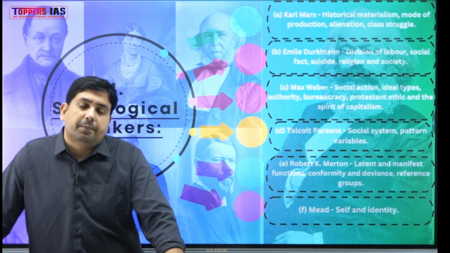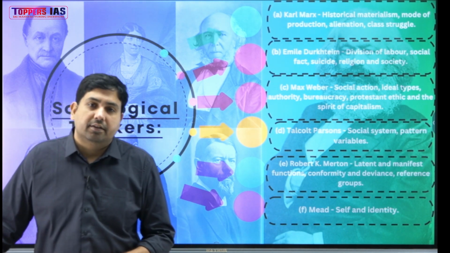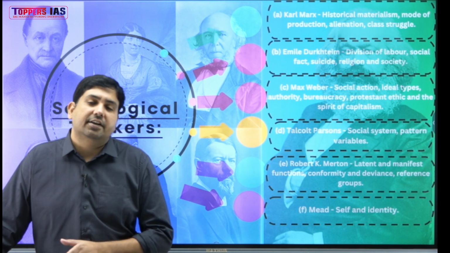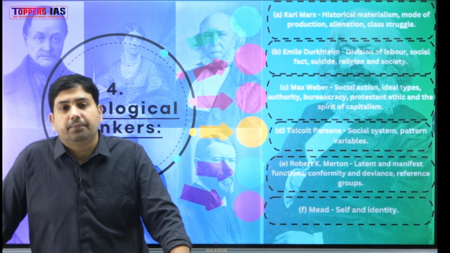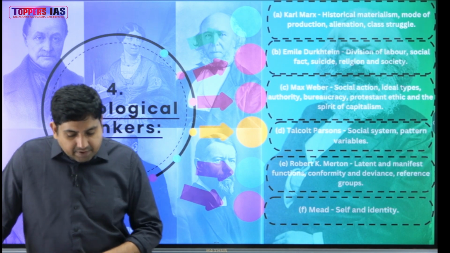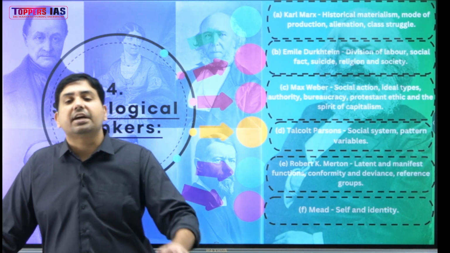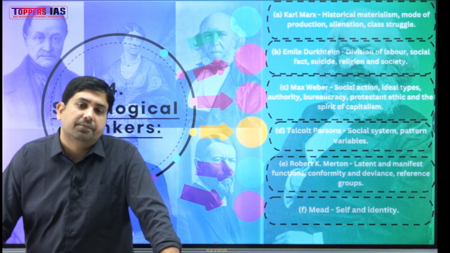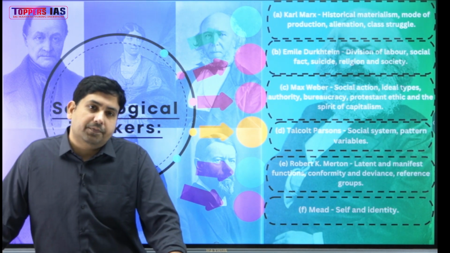Okay. Then under Emil Durkheim, what is there? Division of labor, social fact, suicide, religion and society. Very interesting theories he has given. Under Max Weber, social action, ideal type, authority, bureaucracy, Protestant ethics and spirit of capitalism. Under Talcott Parsons, social system, pattern variable.